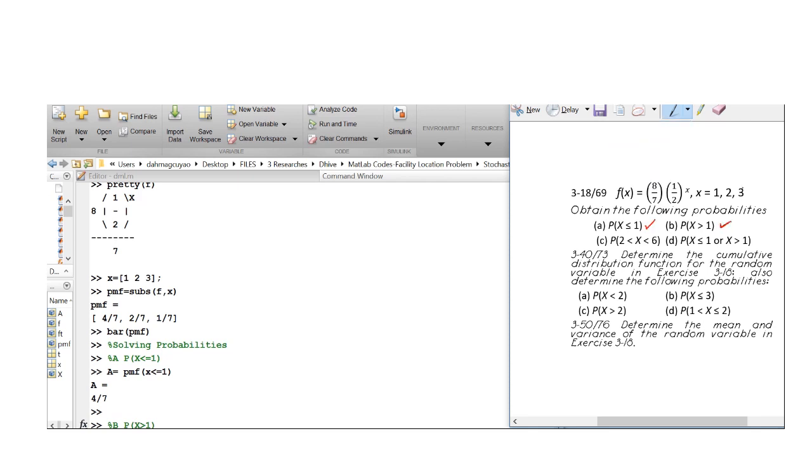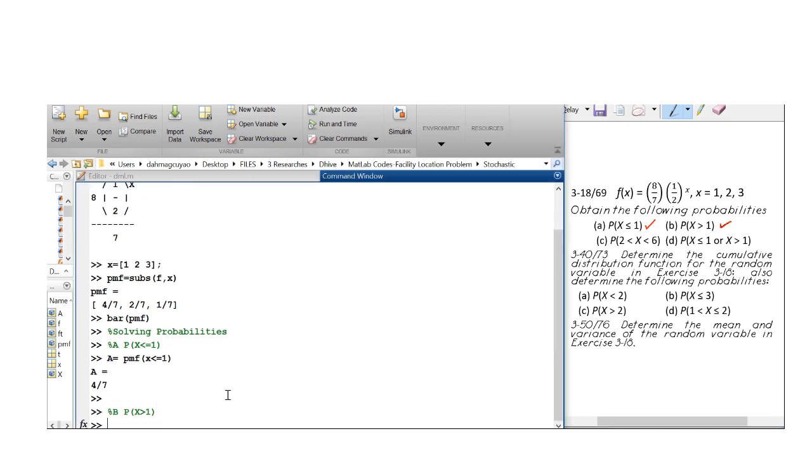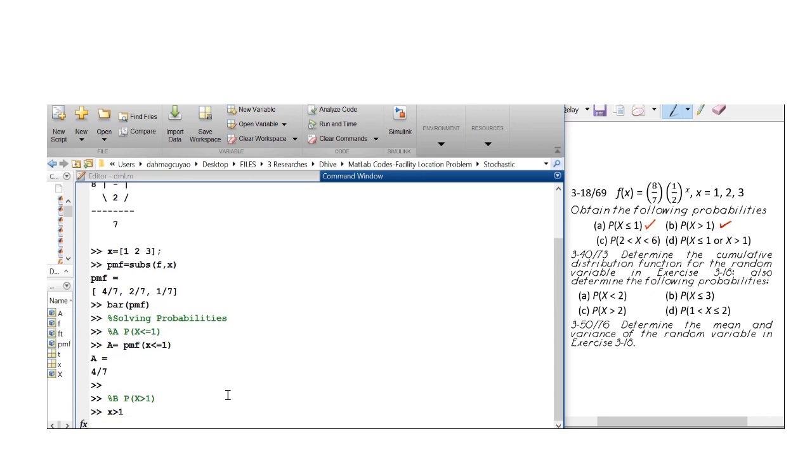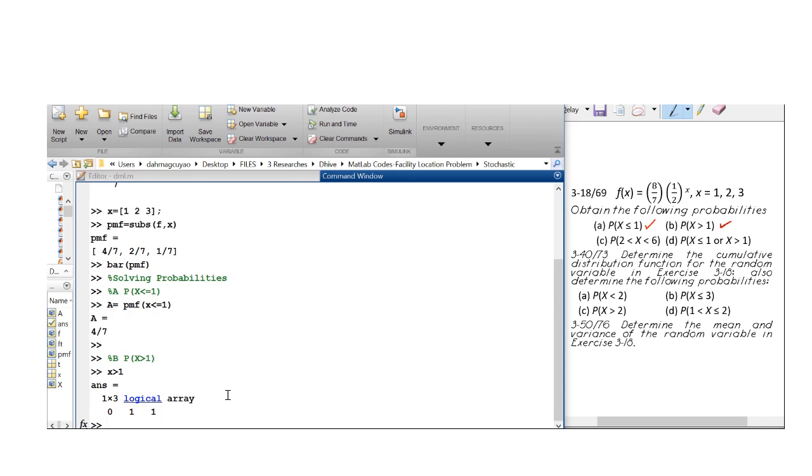This time the condition is x greater than 1. So we can first check the values of x greater than 1. What are those values? That would be the second and the third, so that would be 2 and 3.